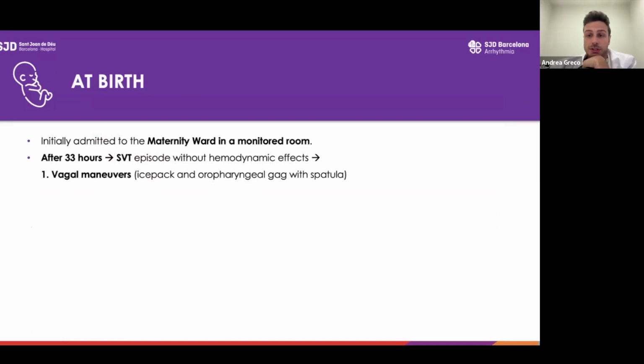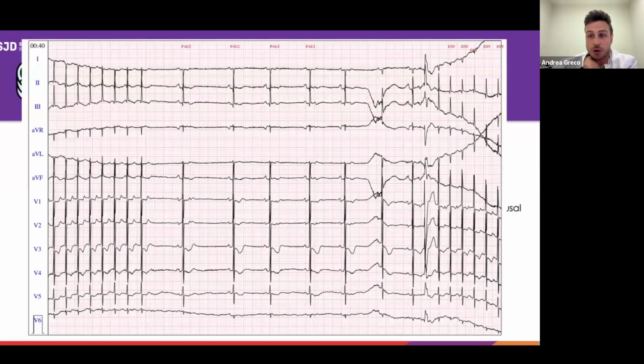First, we try the vagal maneuver with an ice pack and oropharyngeal gag with a spatula, unsuccessfully. Then we transfer the baby to the neonatal intensive care unit, where we use intravenous adenosine 3 times at increasing doses. And after the last dose, we have this beautiful ECG that we can comment.